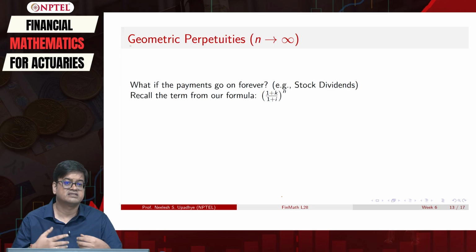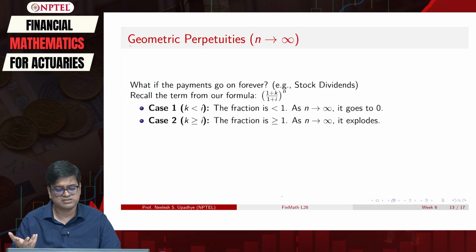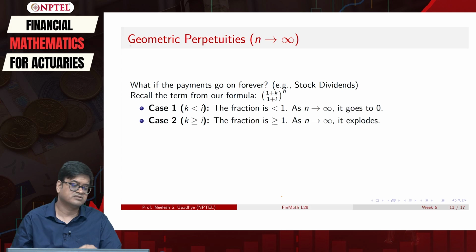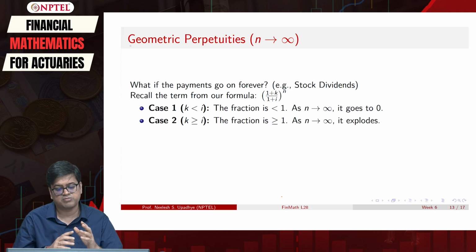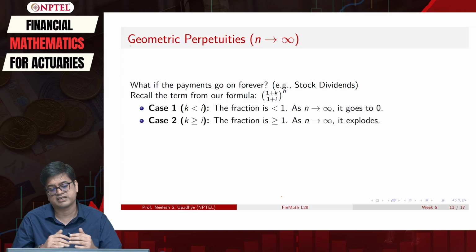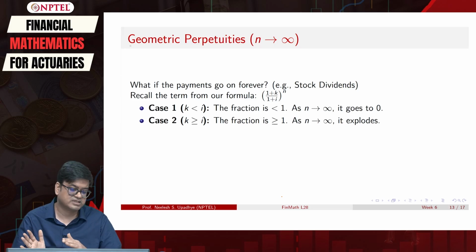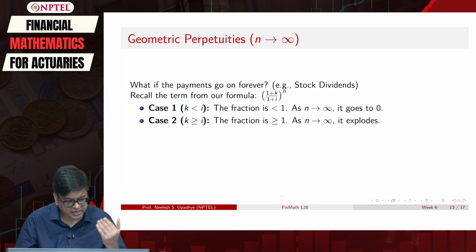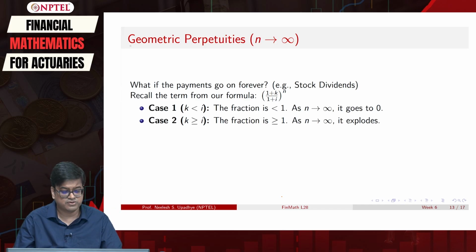If this factor is greater than or equal to 1, the series explodes. It is not going to diverge, it is going to infinity, it is going to explode. When this factor (1 plus k) upon (1 plus i) is less than 1, we can quantify that case as k less than i. In that case the fraction is less than 1 and therefore the series will go to 0. This is the same case as when we were handling the perpetuities. So we know the answer.